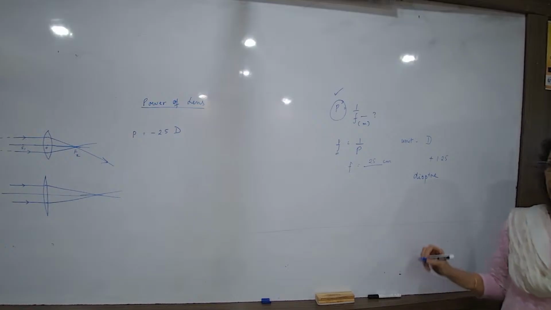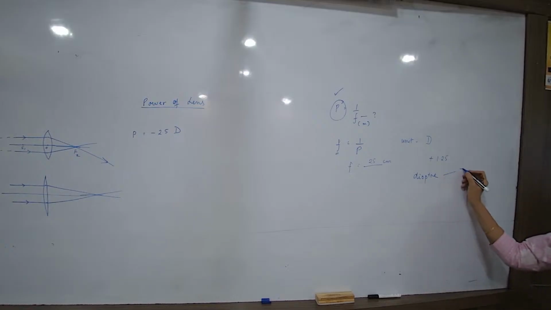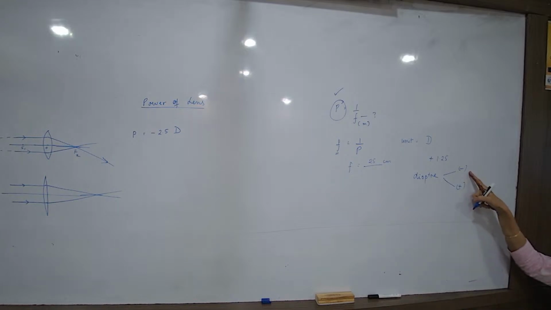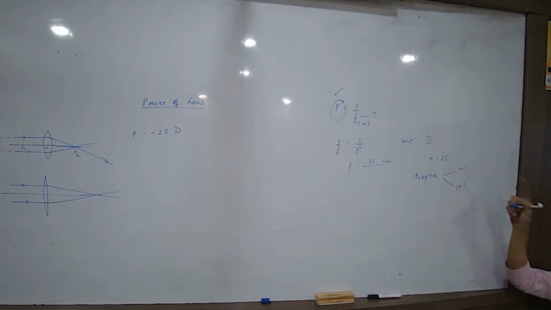If this is negative, what does it mean? And if it is positive, what does it mean? What lens are we using here? Think and answer. Very good.